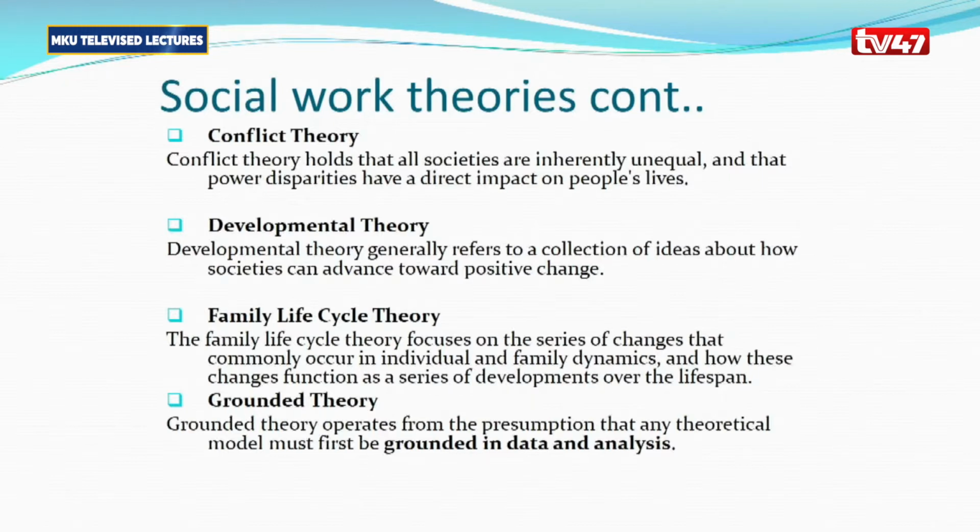Conflict theory holds that all societies are inherently unequal, and that power disparities have a direct impact on people's lives. Something inherent is something that you cannot avoid. You just find it there. It naturally occurs.